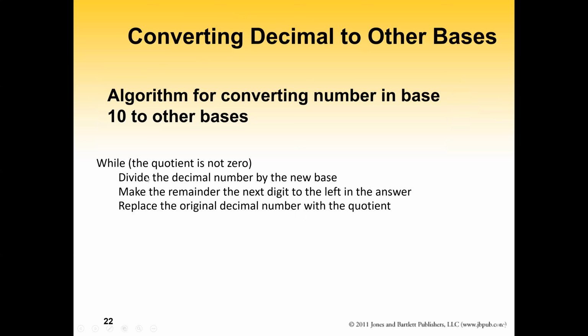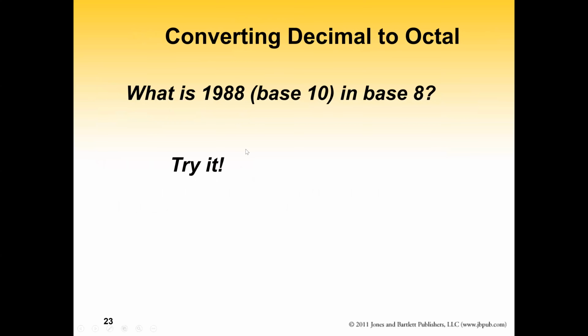So divide the decimal number by the new base, make the remainder the next digit to the left in the answer, then replace the original decimal number with the quotient. So converting hexadecimal to decimal, we use base 16 multiplication. But converting decimal to hexadecimal, we use division by 16. And this is an example here. So what is 1980? This is a little bit tricky, so always be careful.